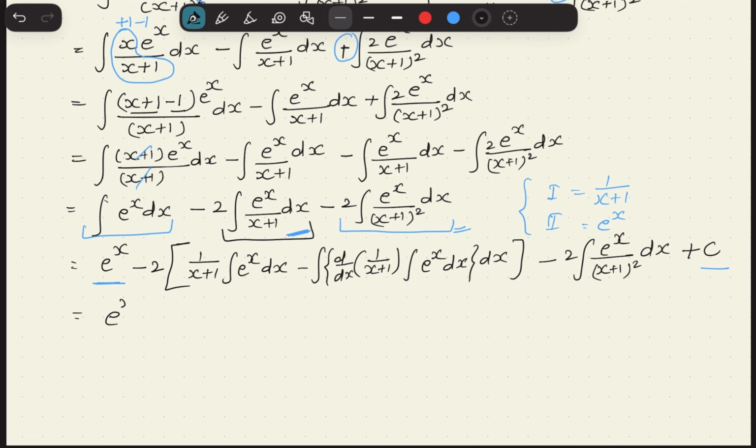Now this is e to the power x minus 2 upon x plus 1 times the integral of e to the power x, which is e to the power x.